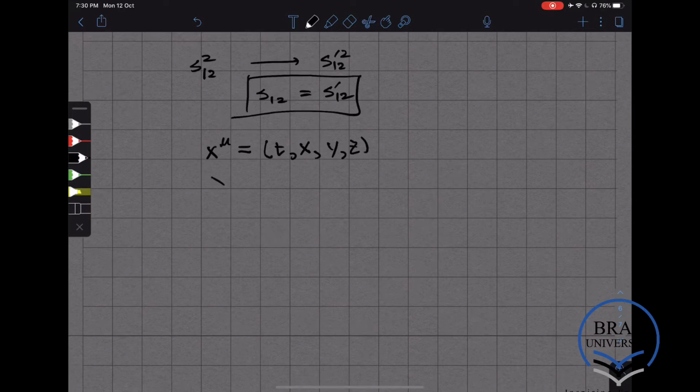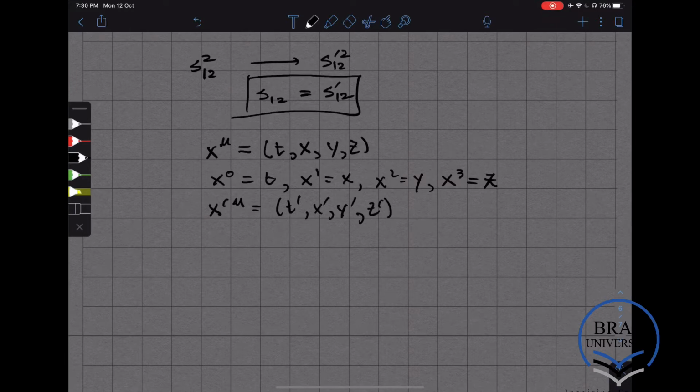That means that x0 is going to be t, x1 is x, x2 is y, and x3 is z. Then x prime mu is going to be t prime, x prime, y prime, z prime.